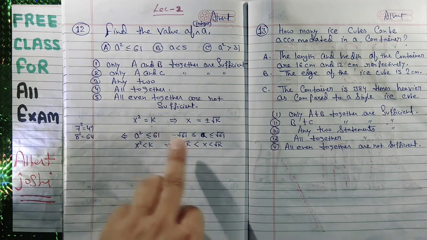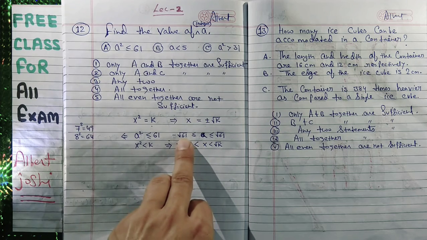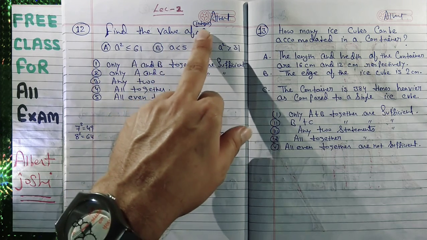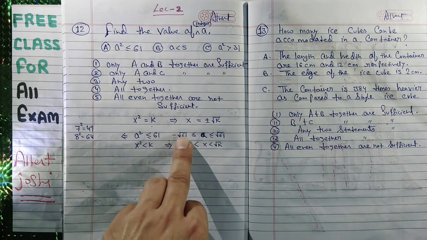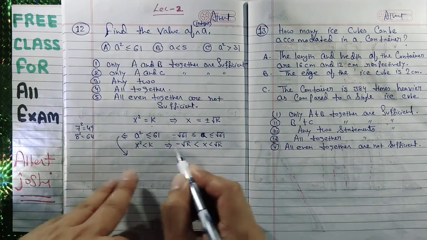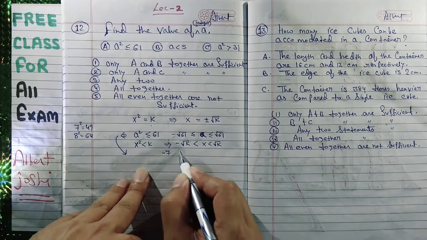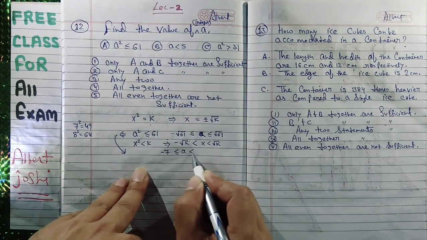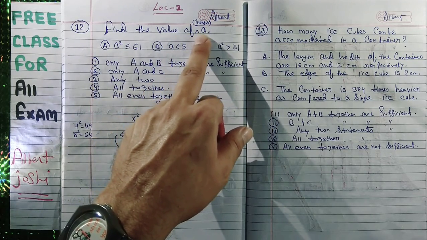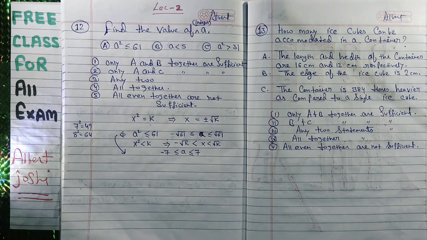So the value will be 7 point something. But we have to find the integer value, so the approximate range will be minus 7 less than or equal to a is less than or equal to 7. Why? Because we have to find the integer.